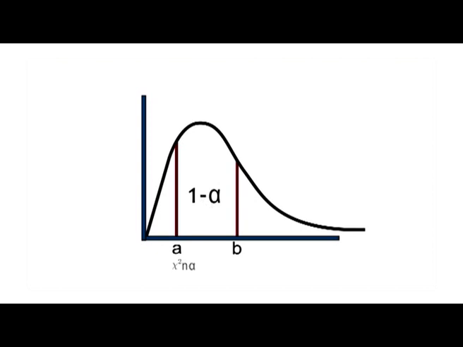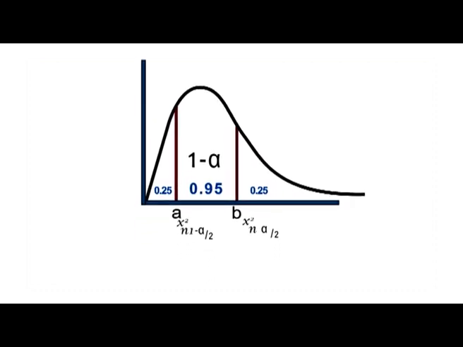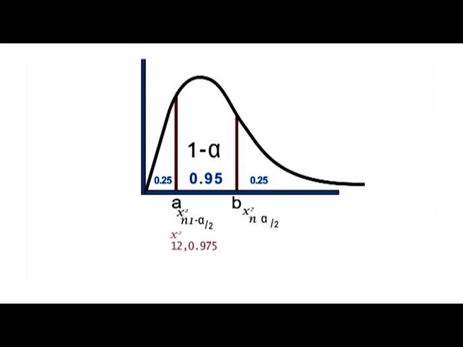So, these points are denoted as chi-square n, 1 minus alpha by 2 and chi-square n, alpha by 2 respectively. If you are constructing a 95% confidence interval, 1 minus alpha is equal to 0.95 and the areas in the left and right tails are 0.025 each. Suppose the sample size is 12, then these points are chi-square 12, 0.975 and chi-square 12, 0.025 respectively.